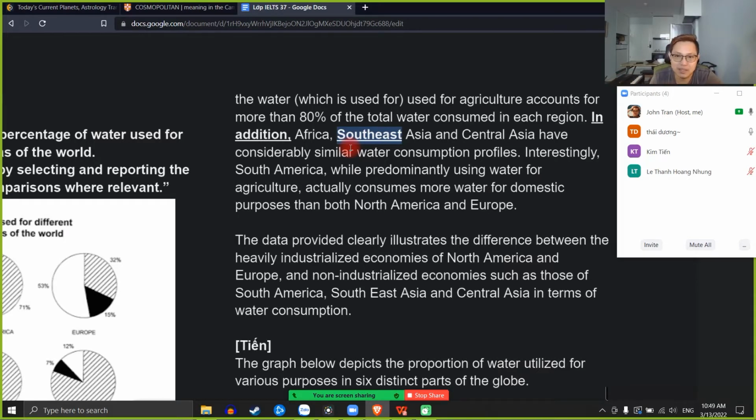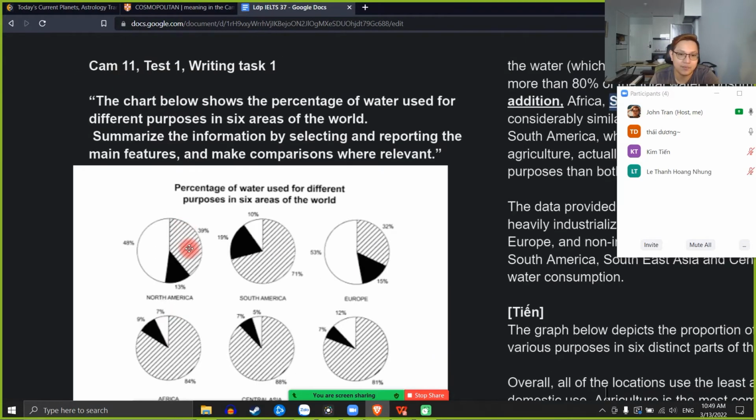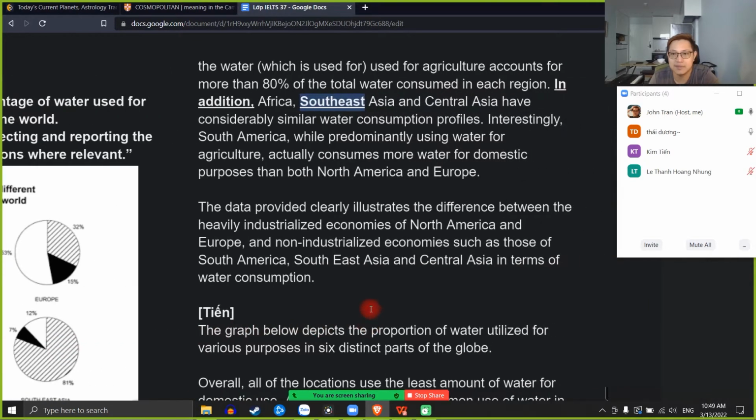They have similar water consumption data because here you can see they look very similar, these three regions. Nhìn ba hình thấy nó giống nhau, tức là cái thông số về tiêu thụ nước giống nhau. Considerably similar. Similar water consumption profile.